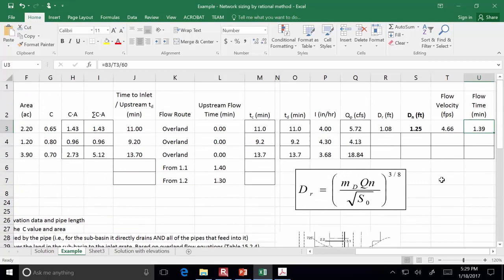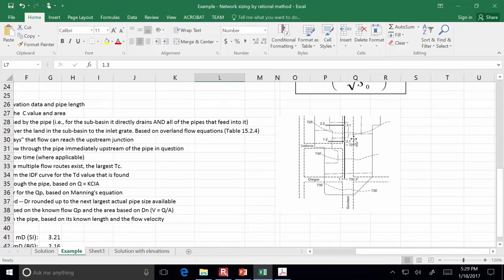And the reason why we had to calculate that travel time is that I'm going to take that travel time and put it into this spot here. The 1.4 that's listed there is based on the flow time upstream, because I know it takes 1.39 minutes, because there's a lot going on at this junction 2.1. Not only is there the water flowing over the surface, but there's also water coming in from pipe B and water coming in from pipe A. And how big is pipe, what are we calling it, pipe C?